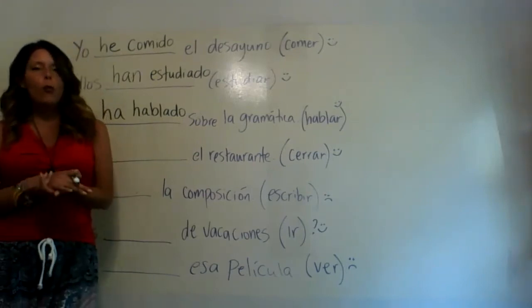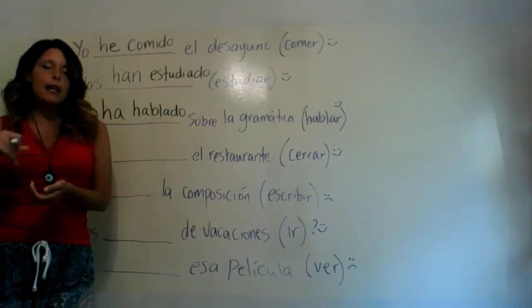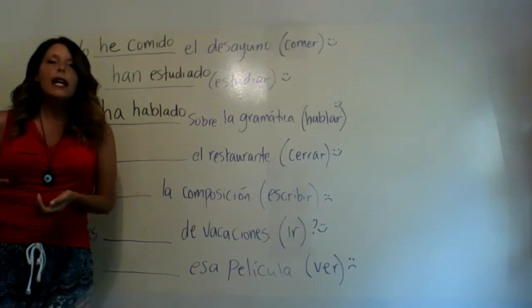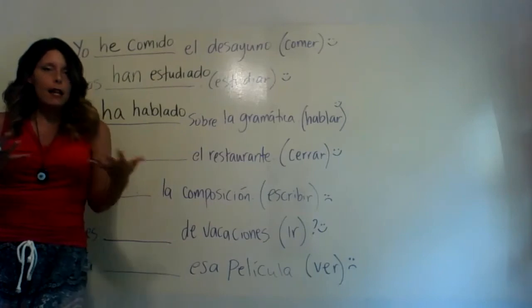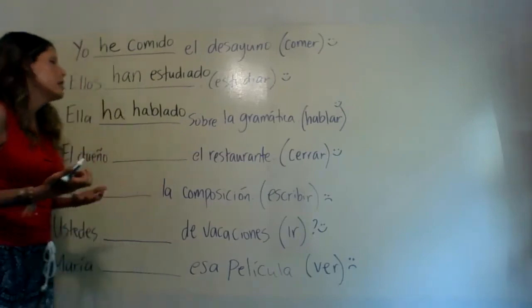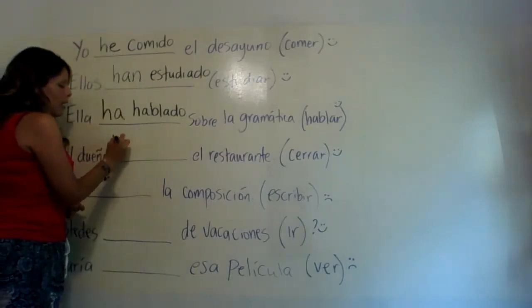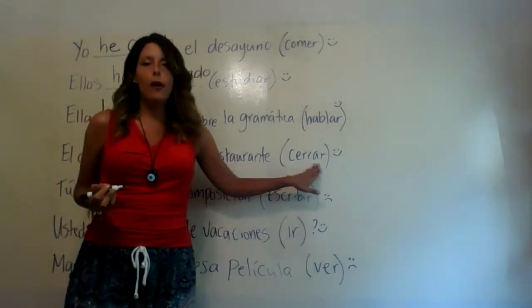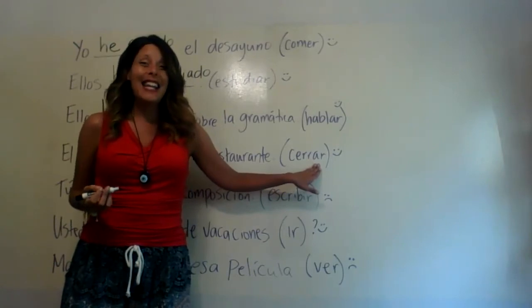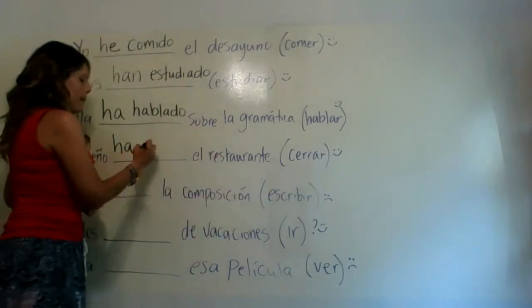What's the appropriate helping verb? Has, hemos, han for the owner. It would be a, because it's like el, ella, usted, conjugation, third person singular. So I'm going to put in a, and then to make my participle, I just have to chop off the AR and add ADO. So I'll do that.